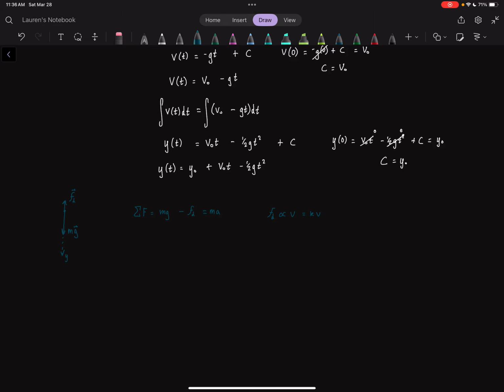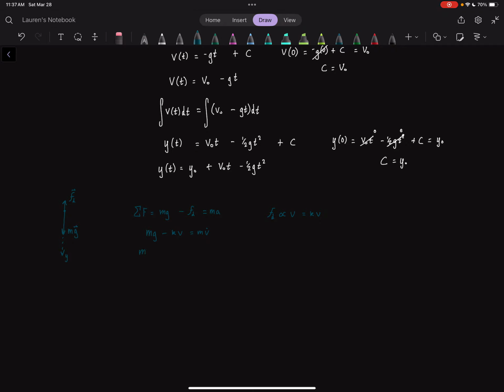So to treat this, we want to get this equation into standard form. So we have mg minus our drag force, which we're going to say is some k coefficient times v, equals ma. And ma is really just m times the time derivative of velocity, right? So here we have a differential equation, but we want to put it in standard form. So what we want to do is move things around.